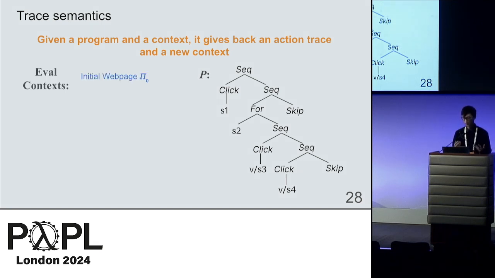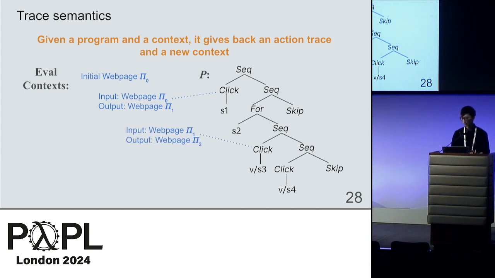Given an initial web page pi0, the first statement click will be evaluated on pi0 and output some web page pi1. And evaluating the second statement, the loop will start to iterate through a list of items. Within its body, we will continue on pi1, output some pi2, and at some point we will stop and output some web page pi_n.